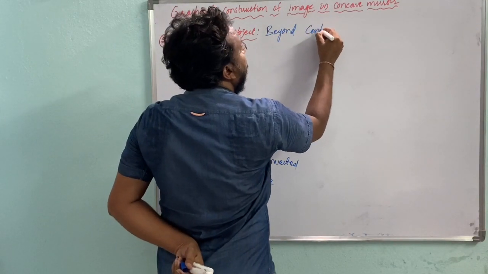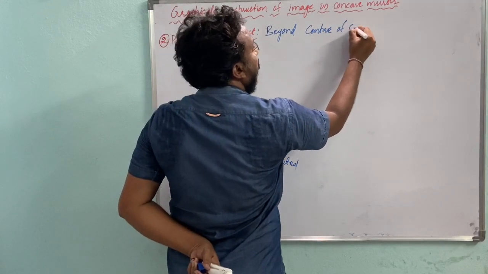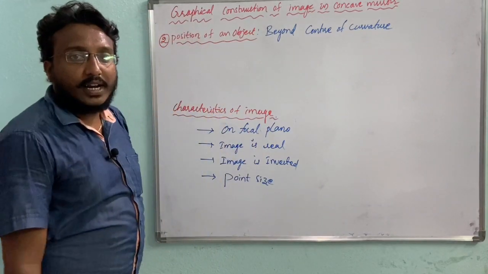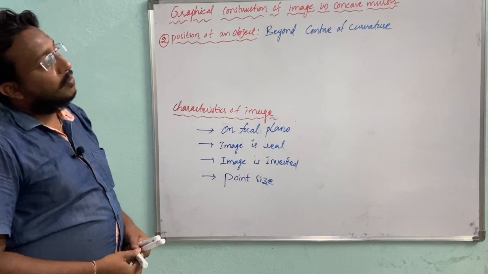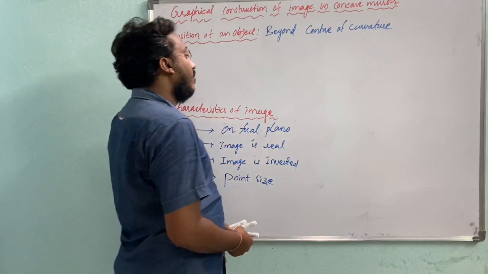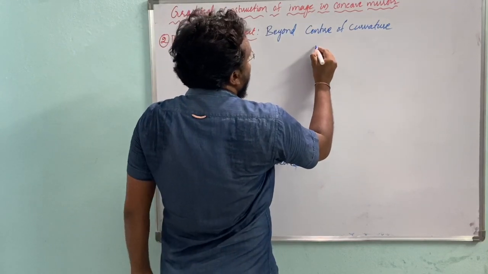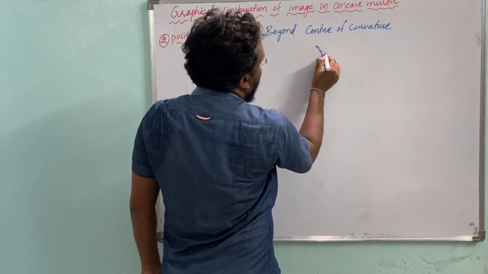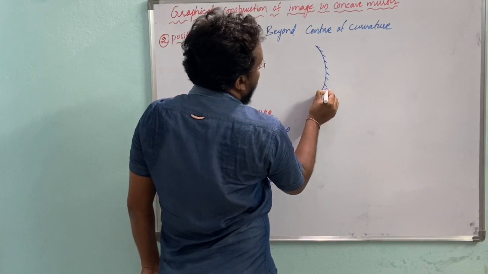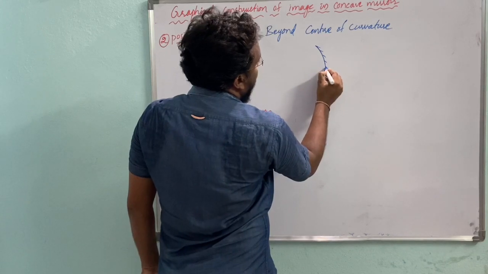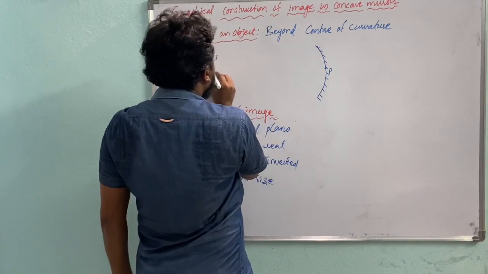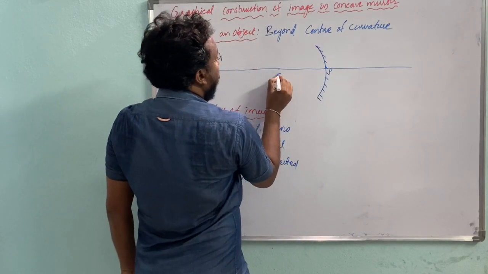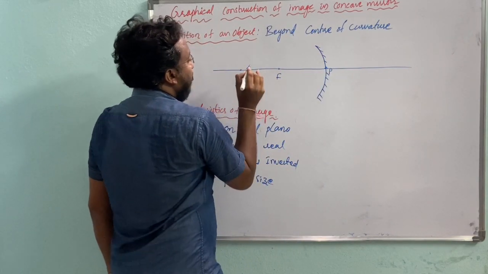Beyond the center of curvature. Where is the object? Beyond the center of curvature. Now I am going to draw the concave mirror, pole, focus, center of curvature.